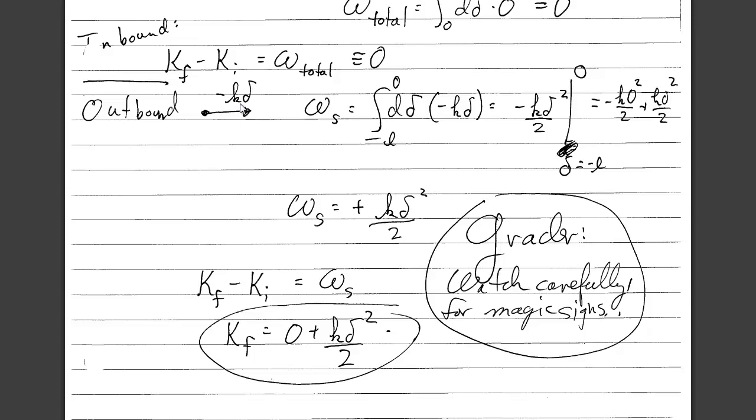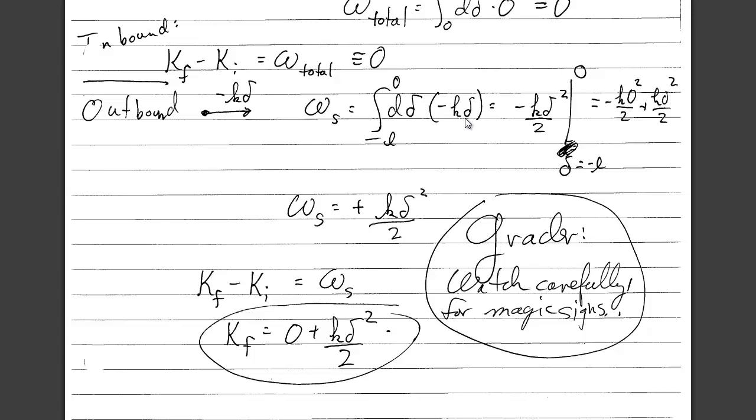Remember, delta is the change in the spring from its equilibrium position, and delta is a displacement in the negative x direction, so delta is a negative number. So the force, it's pointing in the plus x direction, is surely going to be minus Kd, and the work done is the integral from minus L to 0 of minus Kd.